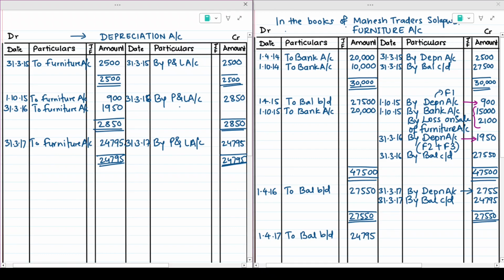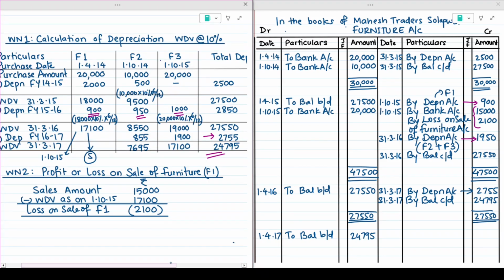So what have we done in this sum? We have purchased 3 furnitures, furniture 1, 2 and 3, and first furniture we have sold it in second year. So in working note 1, we have calculated the depreciation amount using the WDV method at the rate 10%, and we got the WDV as on the date of sale, that is on 1st October 15.